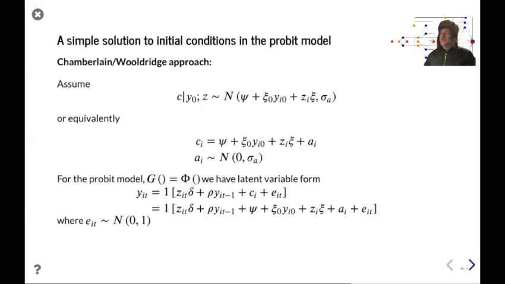You just put in the lagged dependent variable and then your controls for the initial conditions and whatever dependence you want to allow between the strictly exogenous regressors and that unobserved effect. Okay. So that's relatively simple. If you have standard software like Stata or the code that we're writing here, you can just put in a bunch more exogenous variables, and then you've controlled for those initial conditions. Very elegant.